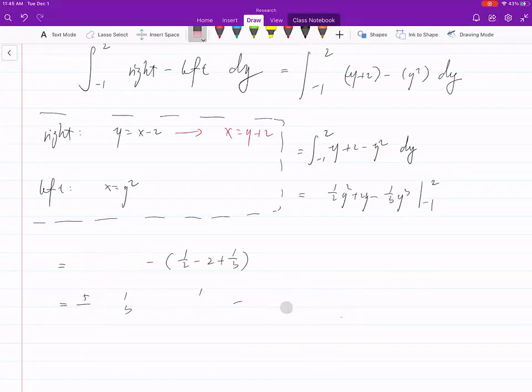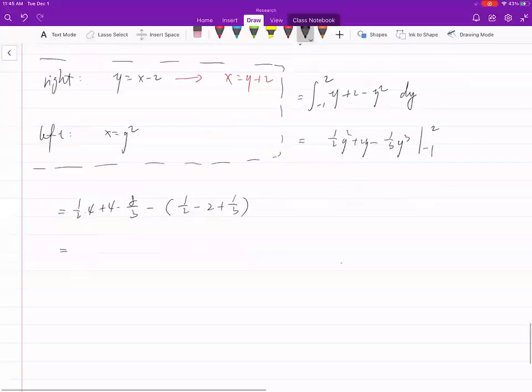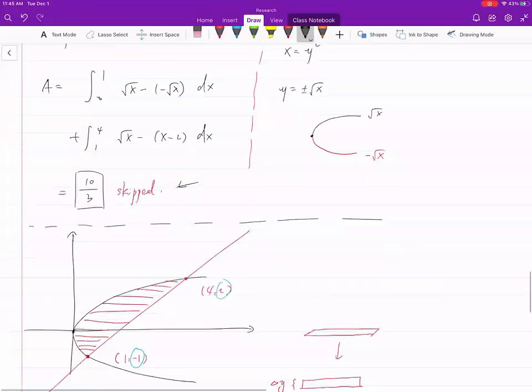So maybe that's right. Let's see. We have 1/2 times 4 plus 4 minus 8/3. Let's do it again. 6, 18, 10/3 plus 3/2 minus 1/3. That's 3 plus. Okay, so I was right.